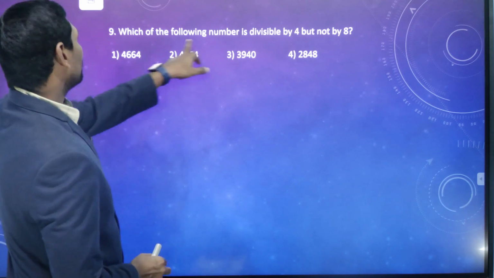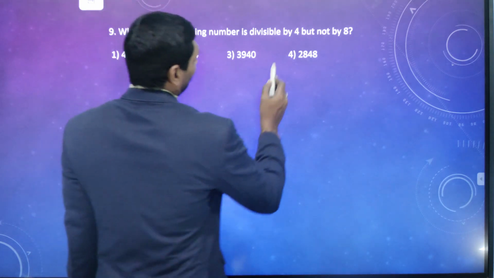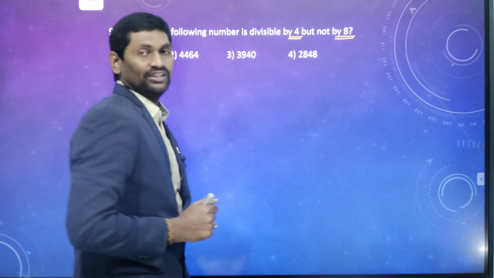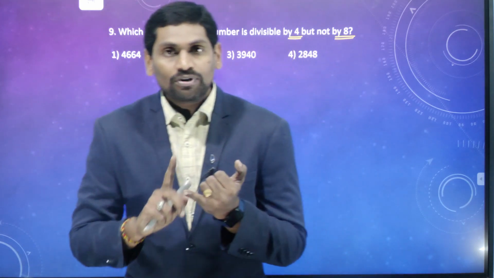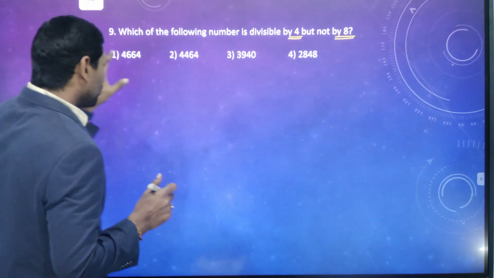Which of the following numbers is divisible by 4 but not 8? The given number should be divisible by 4 but not 8. That means we need to check both of the rules. Rule number 4 we need to check, and rule number 8 also we need to check. What is rule number 4?